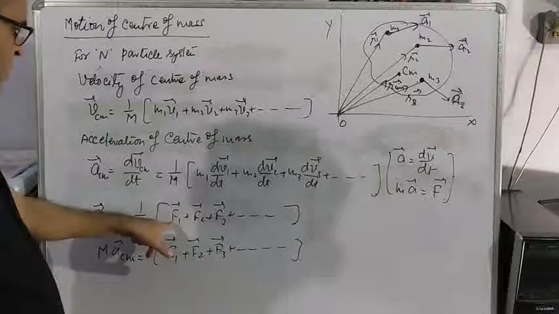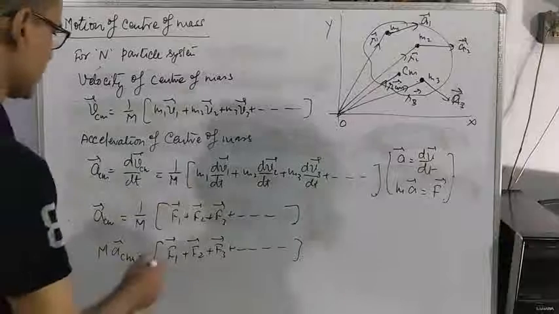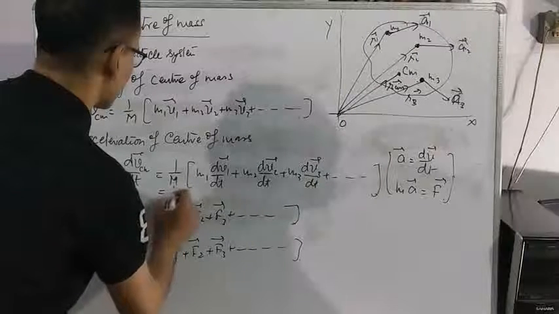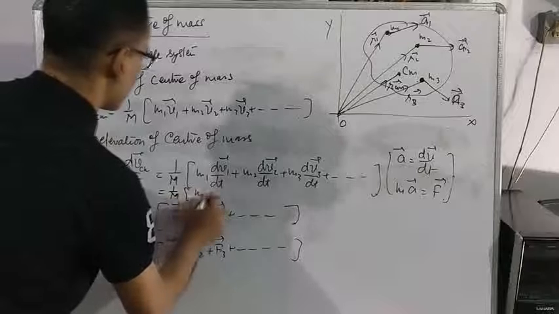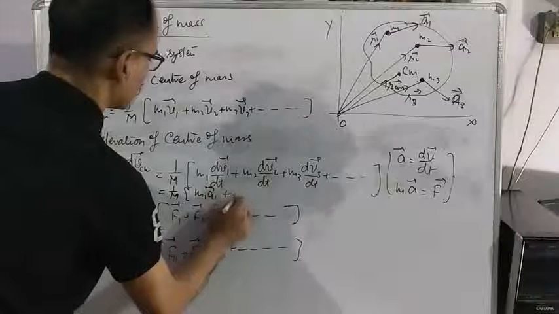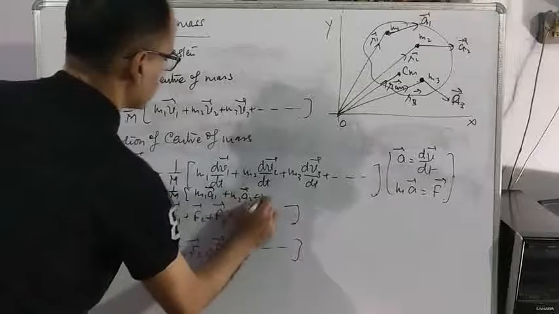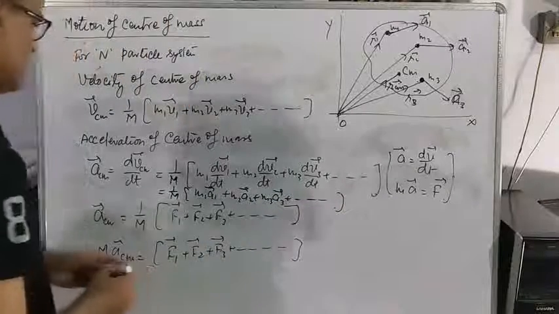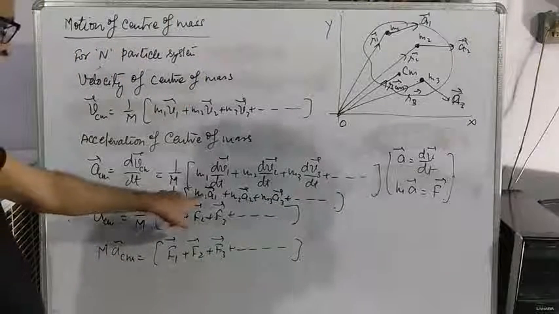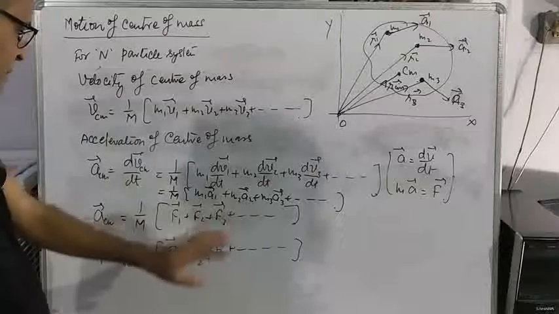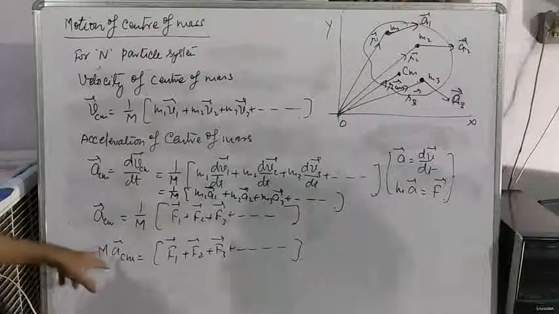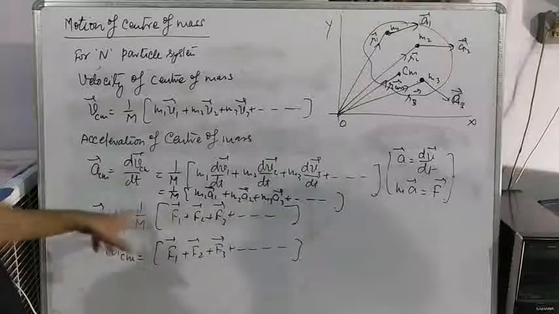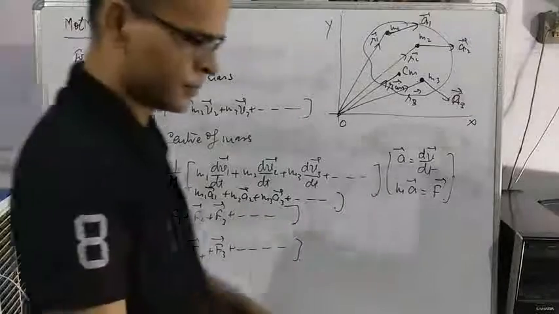So this is the force acting on the first particle. Better you write like this: force acting on first particle, second particle, third particle and so on. So this is the equation for acceleration of center of mass of this body.